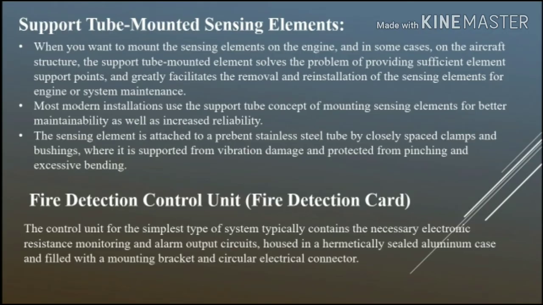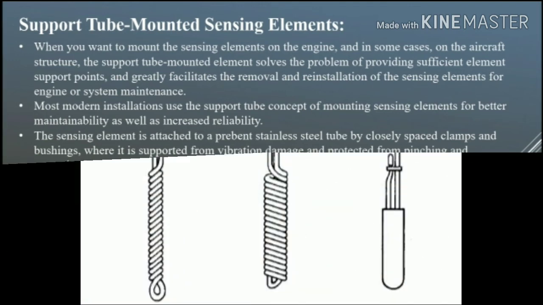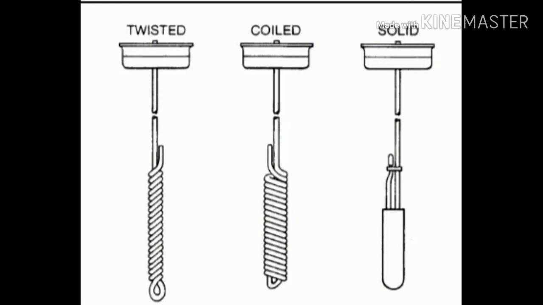Support tube mounted sensing elements. When you want to mount the sensing elements on the engine, and in some cases on the aircraft structure, the support tube mounted element solves the problem of providing sufficient element support points and greatly facilitates the removal and reinstallation of the sensing elements for engine or system maintenance.